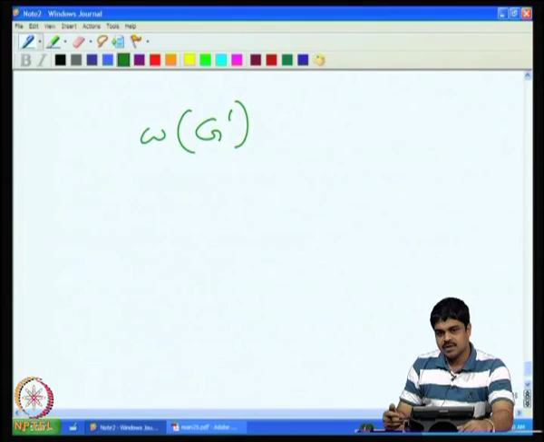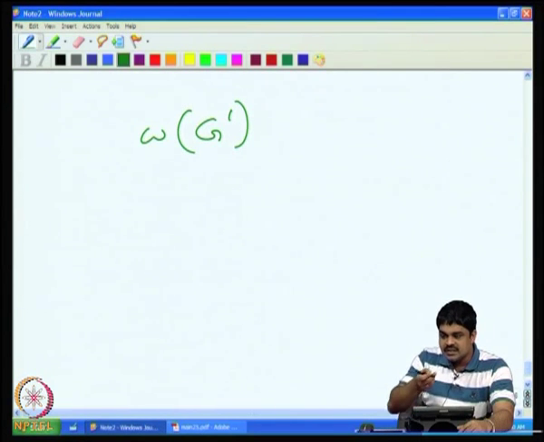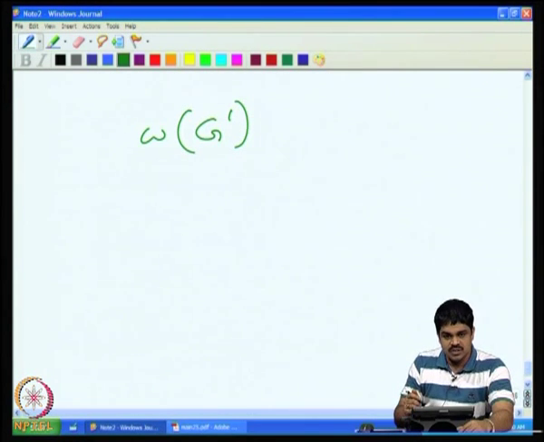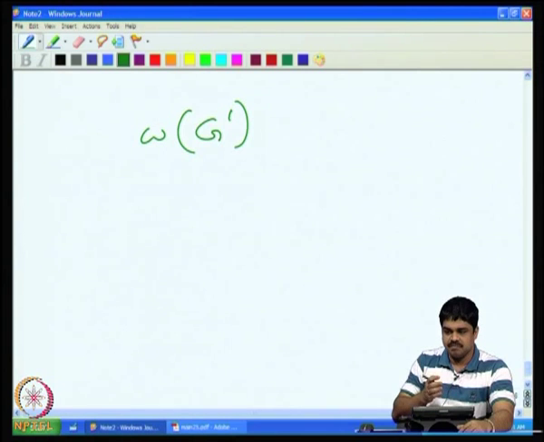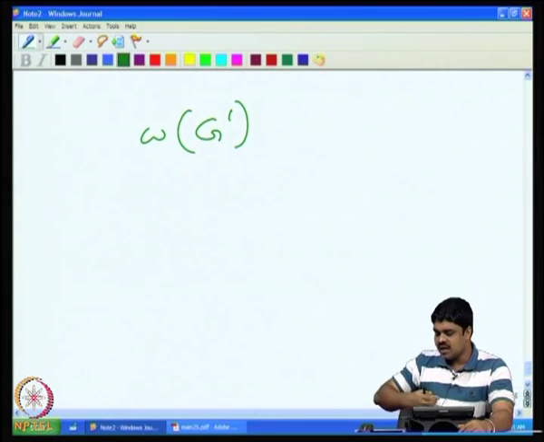Therefore, if you had selected a clique of the original graph G, and you expanded all the vertices in the clique, we will get a big clique. And it is easy to see that any clique in G dash is obtained from G like that, by selecting some clique and expanding.